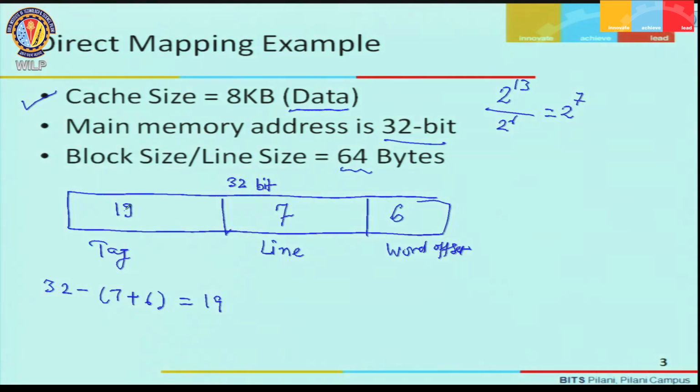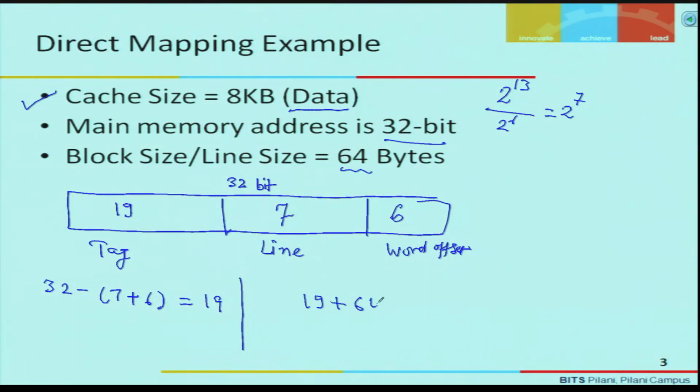Now, if I want to calculate the total size of the cache memory, then I have to add these tag bits as well. So, each line will contain 19 tag bits and the 64 byte data part, so 64 into 8 bits, multiplied by how many lines? 2 raised to the power 7 lines.